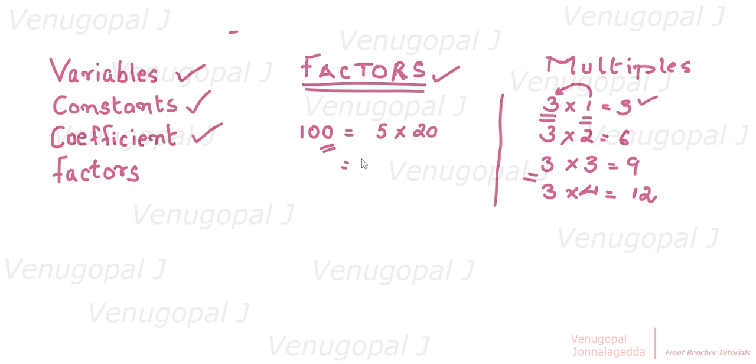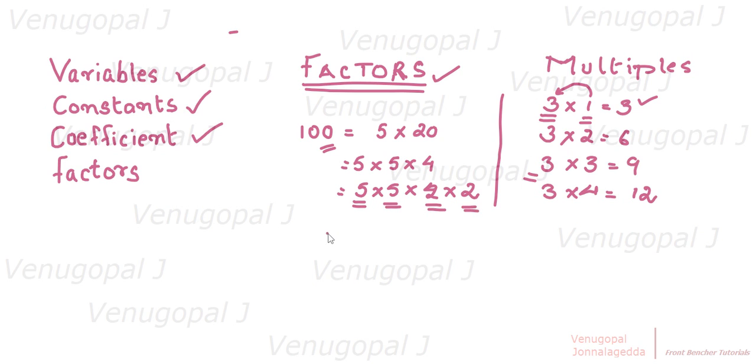Now look at what I am doing. 5, 20. I can again write 5 into 4 is 20. I can even go further by saying 5 into 5 into 4 into 2 into 2. I have divided 4 again. These are all factors of 100.